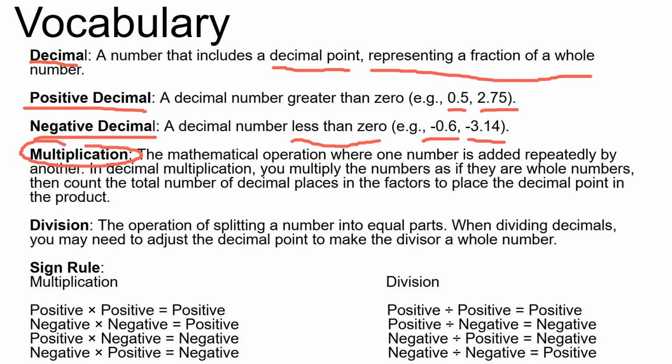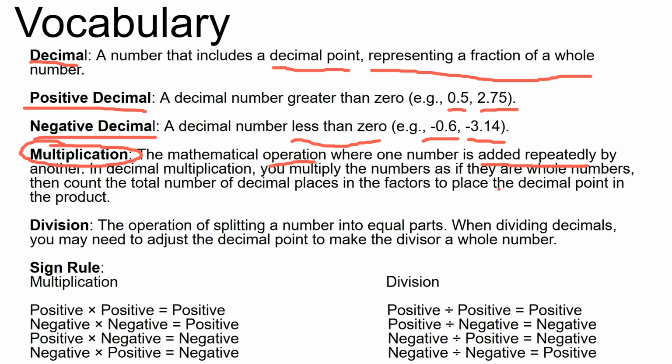And then we have multiplication. Of course we know it's a mathematical operation, one of the four: addition, subtraction, multiplication and division. It's a mathematical operation where one number is added repeatedly by another. In decimals, we multiply numbers as if they are whole numbers, like we did a while ago in scenario number one about the duck migration impact.